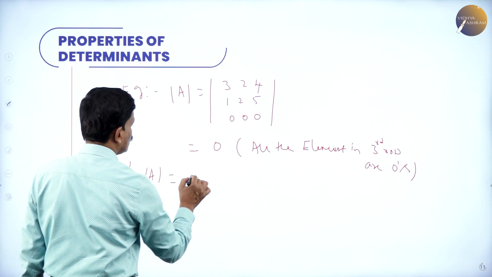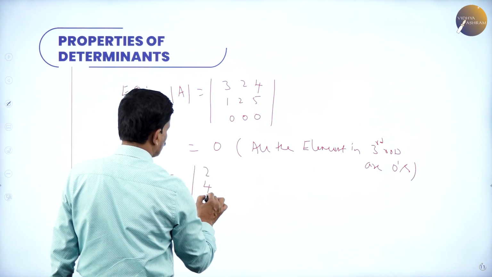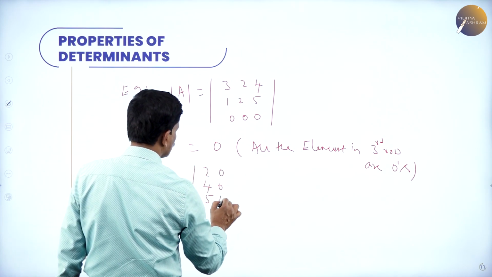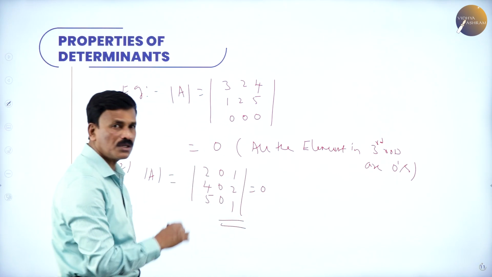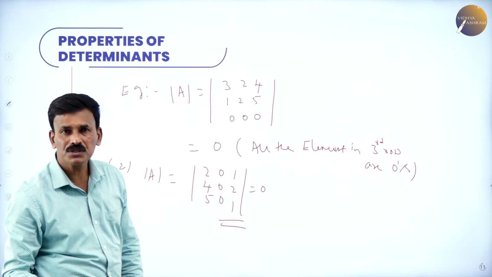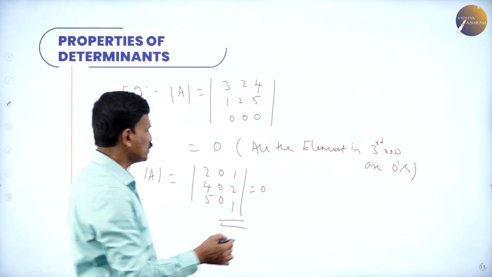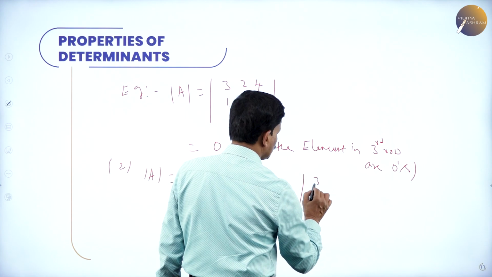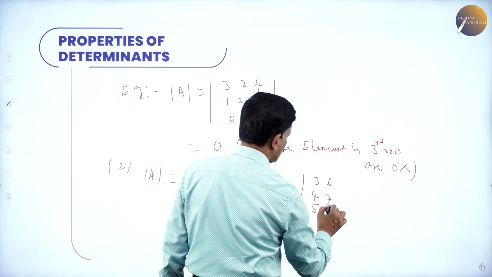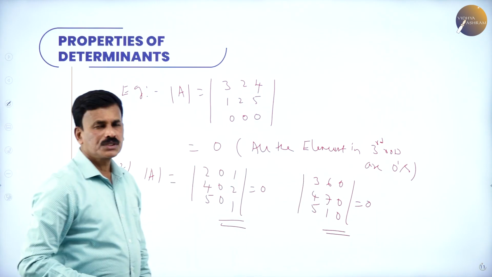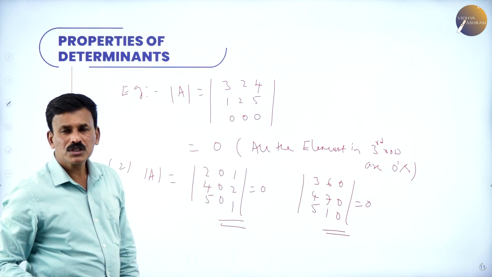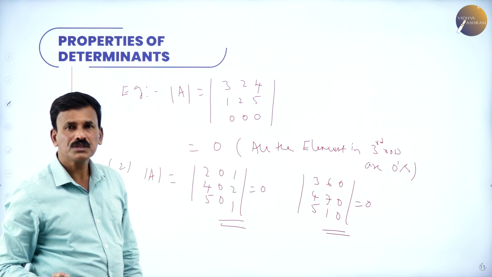The value of the determinant is equal to 2, 4, 5, 0, 0, 0, 1, 2, 3. So this is also equal to 0 because all the elements in the second column are 0, right? Suppose if it is like this, 3, 4, 5, 6, 7, 1, 0, 0, 1, then this is also equal to 0. So this property is very useful for solving the problems based on the properties of determinants.